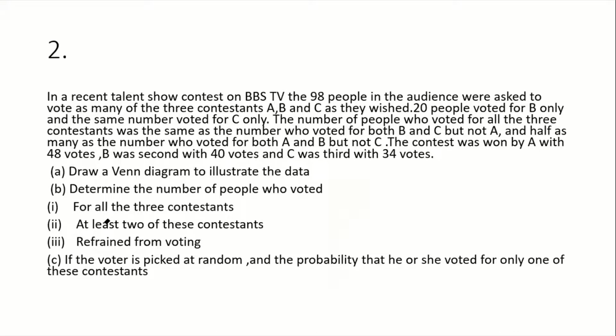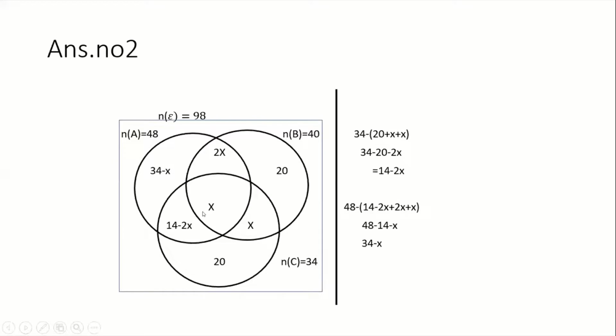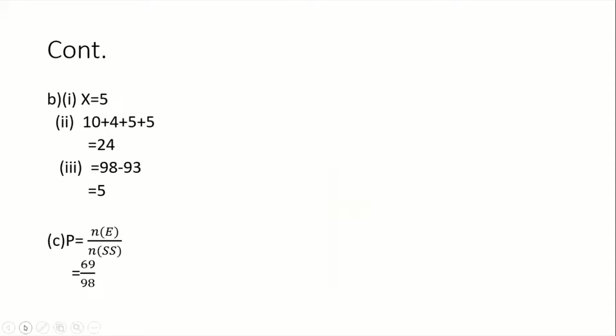If we have drawn our Venn diagram and finished illustrating the data on it, then part B is telling us determine the number of people who voted for all the 3 contestants. Remember, we let it be our X here. So once you find X, you have found those who voted for all the 3 contestants. So you go back and say X is equal to 5.